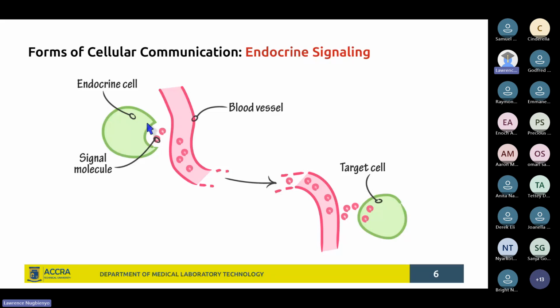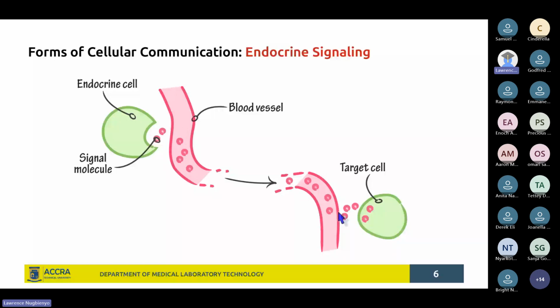So what you're seeing here, if you have a specific tissue or gland that has specific cells that we are referring to as endocrine cells, this endocrine cell secretes a signaling molecule, and that signaling molecule goes into the bloodstream and flows through the bloodstream to a different cell, so into a different tissue.